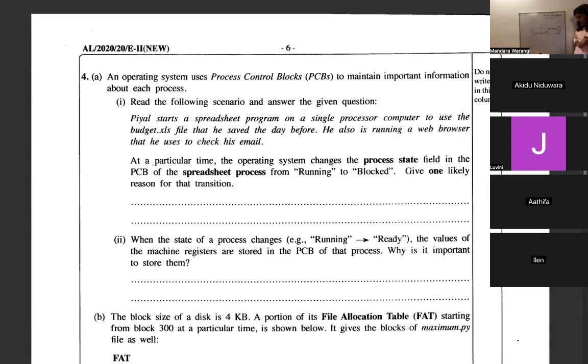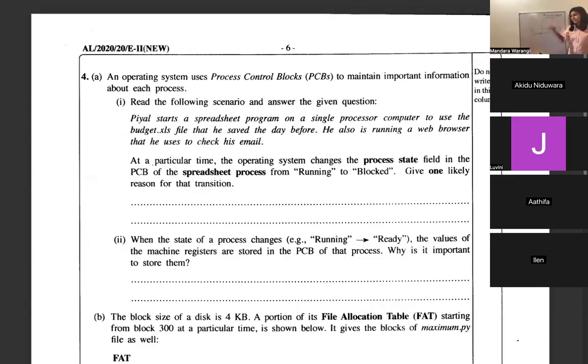Imagine he has started a spreadsheet program, and he was typing in the spreadsheet and suddenly he wants to read it. In that situation it was in the running state while he was typing, and then it changed into a reading state, which means blocked.